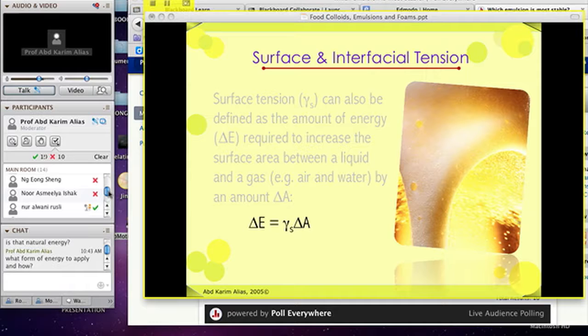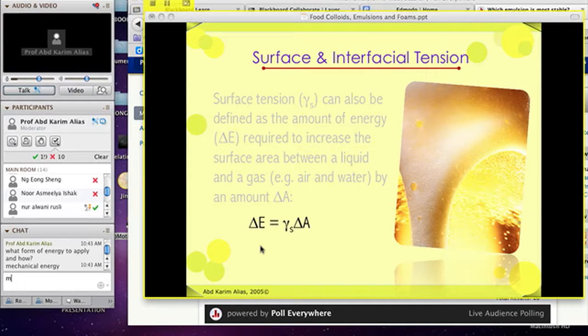Alright, never mind. The form of energy that we can apply when we want to form an emulsion is actually called mechanical energy. And how do we apply this mechanical energy?